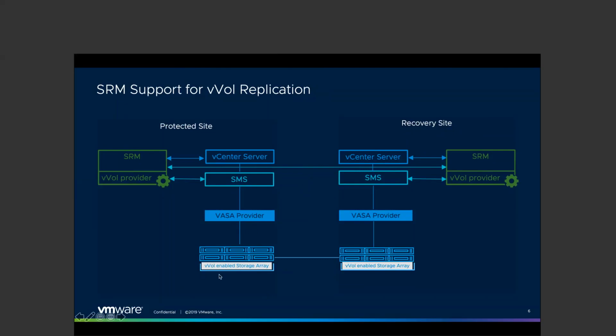And then after you create the VVOL configuration on the storage array, you have to set up SPBM policies through vCenter Server for the different replication options or the different VVOL configuration that you want. This finalizes the initial setup.